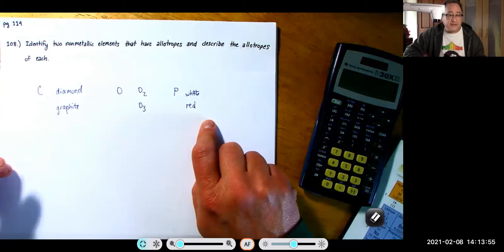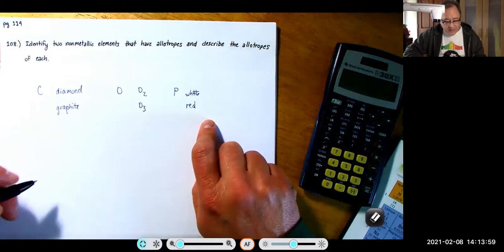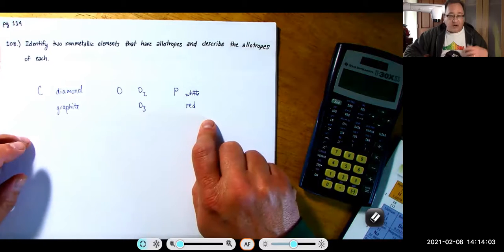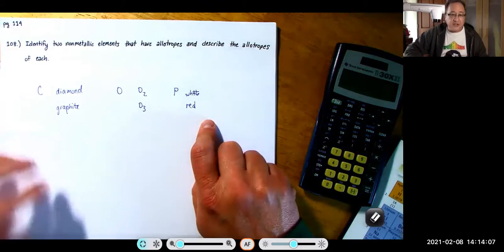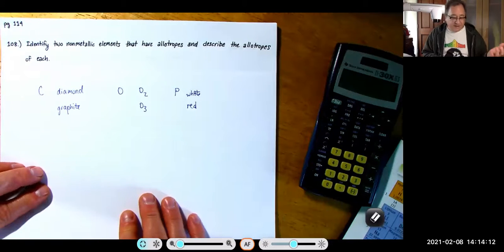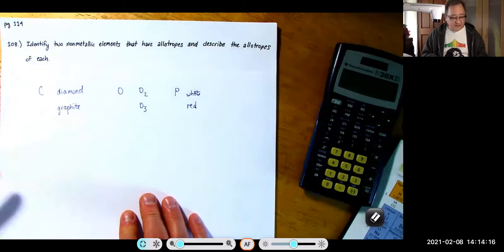They behave differently. Okay, so that's what I want you to know about allotrope. Allotropes are like isotopes, but they are different physical forms of an element. Capiche? So, which one should you know? None of them. I mean, you should probably know diamond and graphite, right?